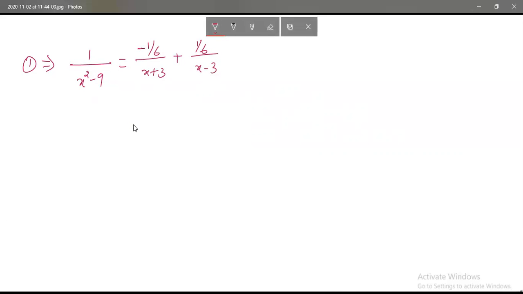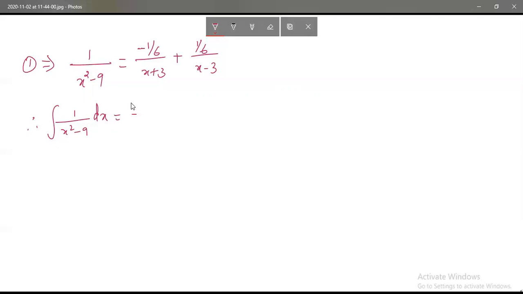Okay, now we are supposed to integrate it on both sides. The constant 1 by 6 you can bring outside the integral. So what you get is, therefore, the integration of the given question with respect to x is equal to the integration of that on the right side.